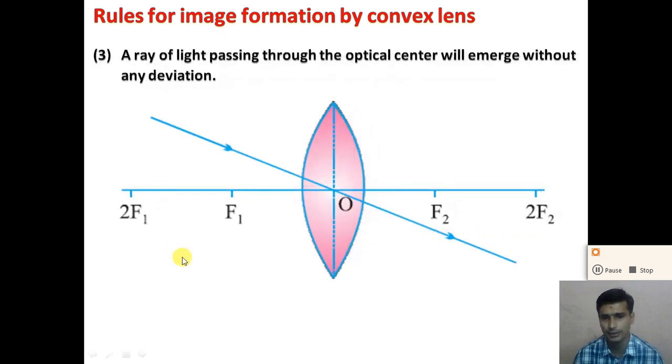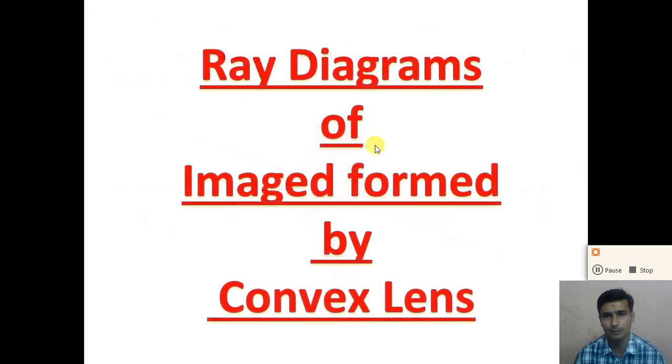And what is the third rule? When a ray of light passes through the optical center O, the ray will emerge without any deviation, right? So for the image formation by a convex lens for the various positions of the object, we use a minimum of two of the rules which we discussed above.